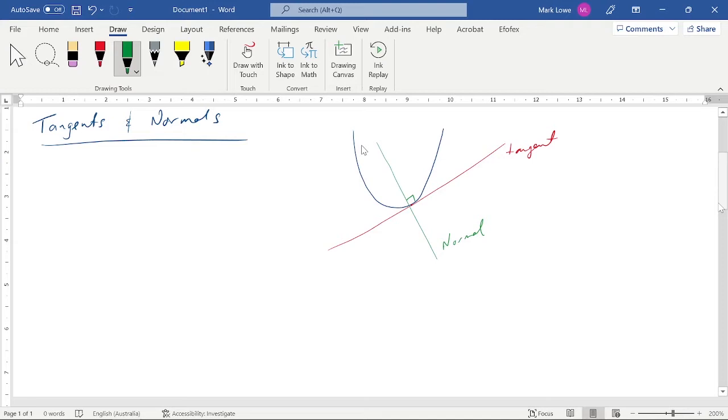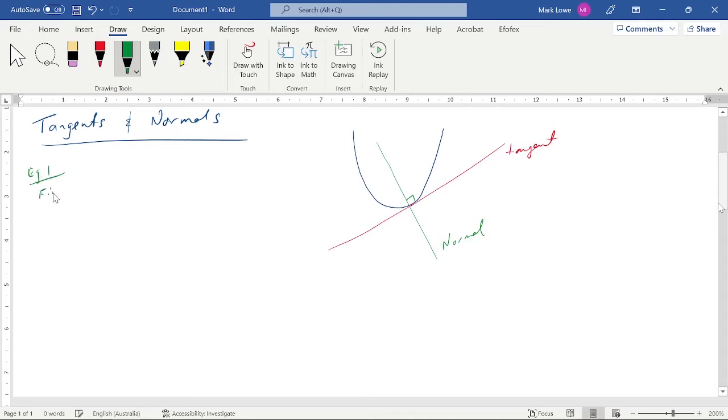We can use that to find the gradient of this curve at any particular point. So if we know the x coordinate at a particular point, then we can find the gradient at that point by substituting that x coordinate into the derivative. That gives us the gradient, which we can then use to find the equation of the tangent or the normal. Okay, so let's think of an example.